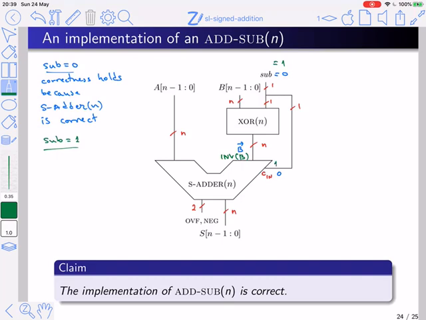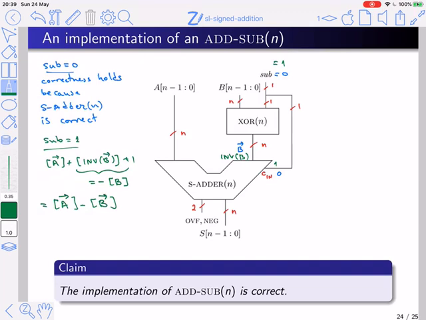So in fact what we're doing is we're computing A plus the inversion of the bits of B plus 1. Now, this part we know equals minus the number represented by B. Always. This is the claim on negation. So we get that we are computing A minus B.